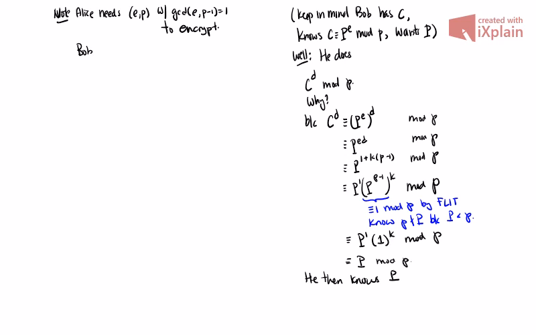And Bob needs D, comma P. He needs both of these, with ED congruent to 1 mod P minus 1, to decrypt. And the existence of that D is guaranteed by the GCD fact.